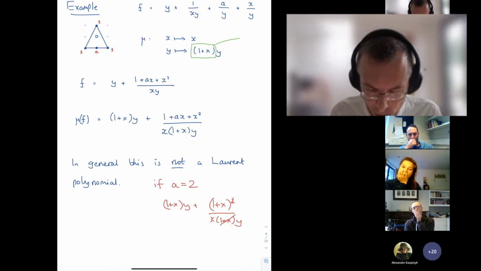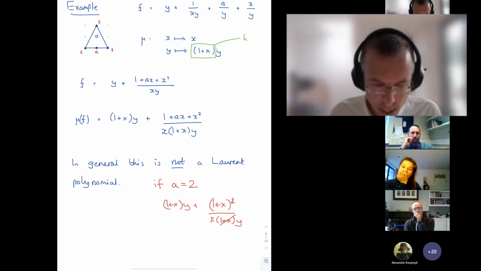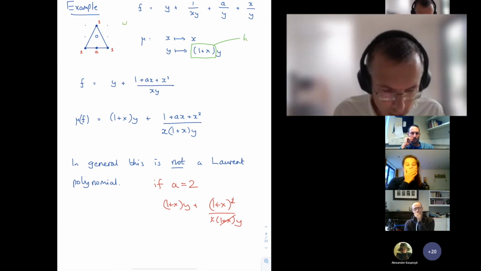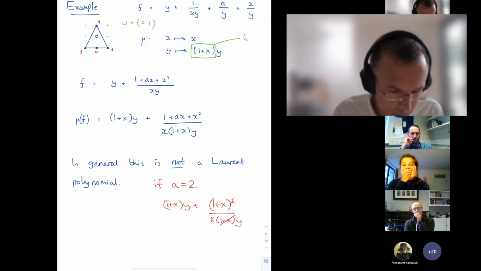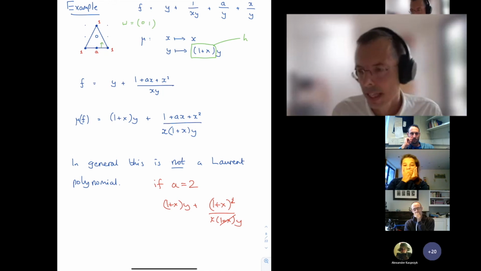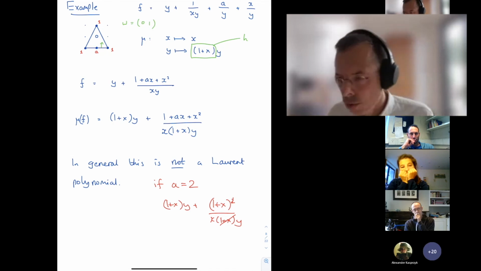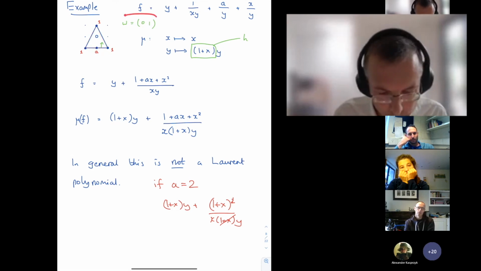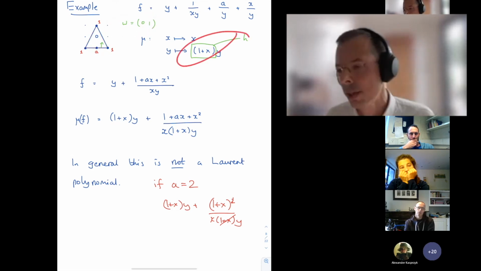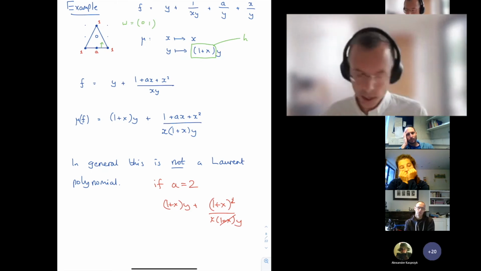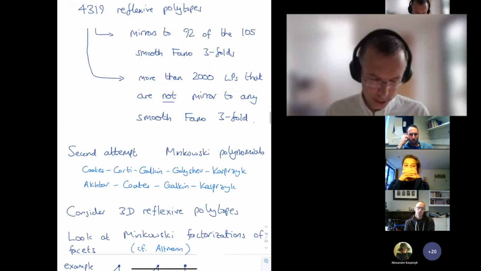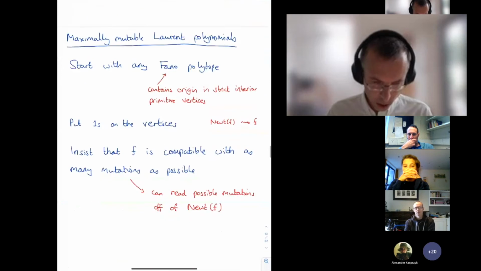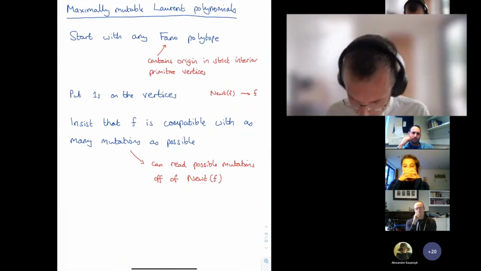This was the thing I was calling H, and the weight vector W would be 0, 1, which is a normal vector to this edge. So it's plausible, and indeed it's true, we prove it, that if you give me just the polytope itself, I can read off what the possible weight vectors are and what the possible Newton polytopes of the factors are. So just from the combinatorics of the Newton polytope, you can say what the possible mutations are.